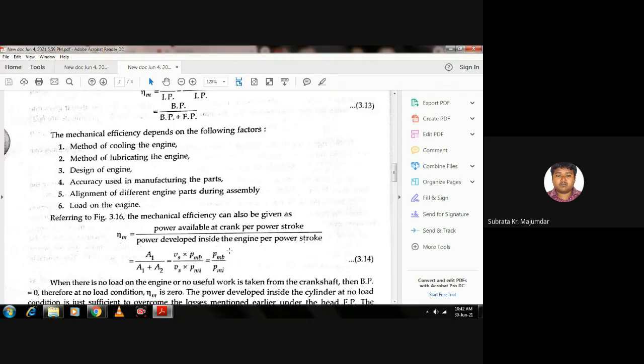Mathematically, mechanical efficiency is written as the ratio of power available at the crank per power stroke divided by power developed inside the engine per power stroke. You can write down this equation which is underlined by me.